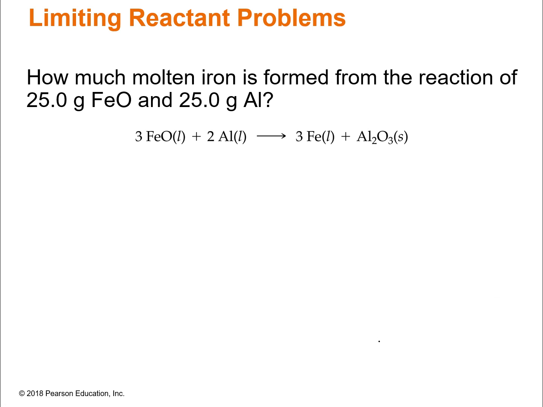We've got molten iron being formed. We need to figure out how much of it is formed when we react 25 grams of iron 2 oxide and 25 grams of aluminum. We've got starting amounts for 2 reactants. So that tells you it's a limiting reactant problem. We've got 2 mini problems to do.